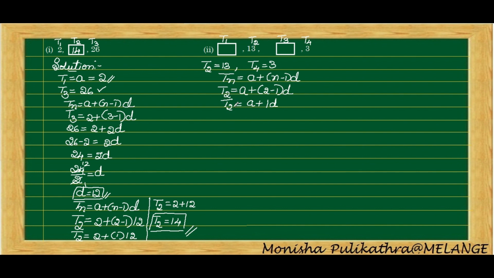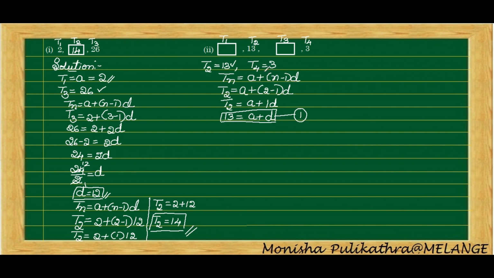They have given the value for T2. What is the value for T2? The value for T2 is 13. So just substitute 13 in the place of T2. It will become 13 is equal to A plus 1D, or A plus D. Both are the same. So let it be equation number 1. So this is equation number 1: 13 is equal to A plus D. Okay. So this is equation number 1.